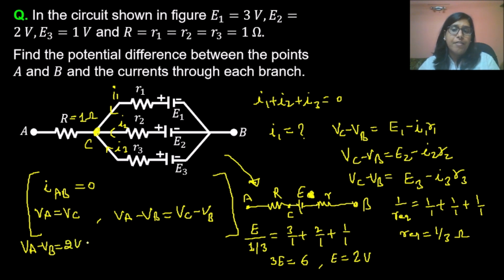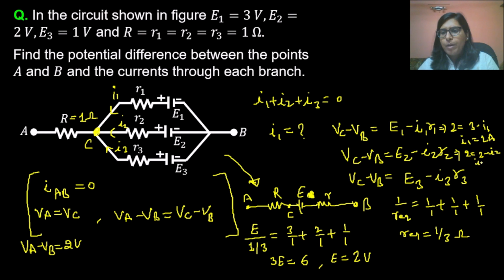Now current I1. From here, VC minus VB is 2 volt, E1 is 3 volt minus I1 into R1, R1 is 1. So I1 is 1 ampere. Now I2: 2 equals E2, which is 2 volt, minus I2.